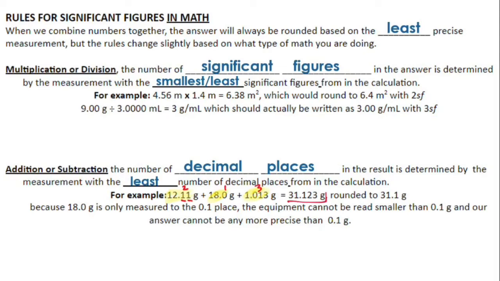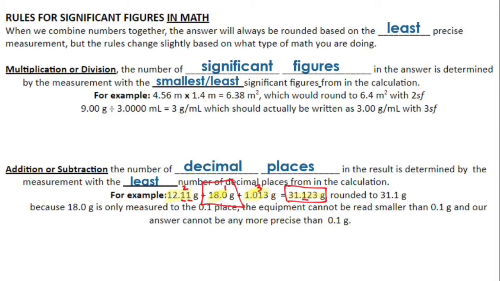We put that all in our calculator and get a raw number out, and our final answer has to have the least number of decimal places from our original numbers that we were adding up. And our least number of decimal places was 1 decimal place in that 18.0.